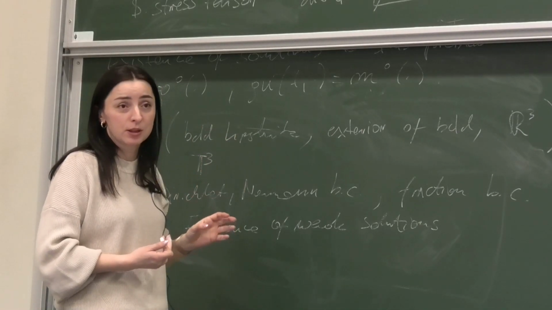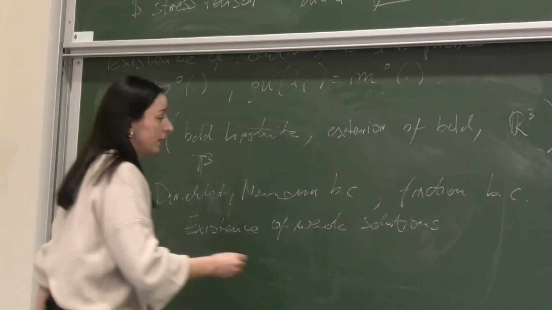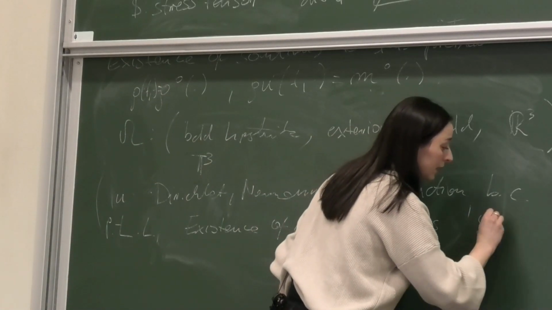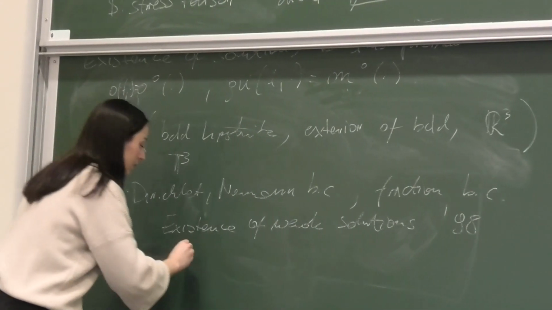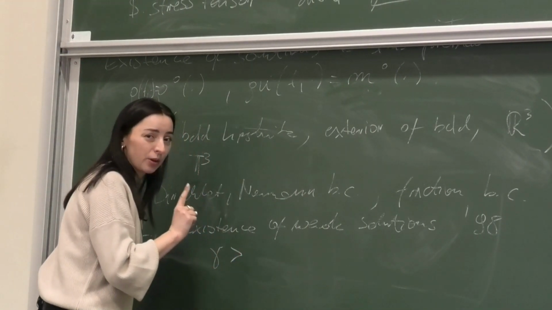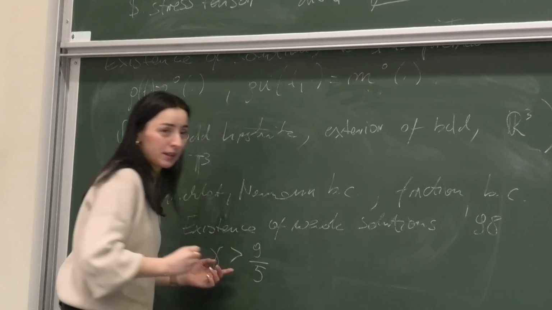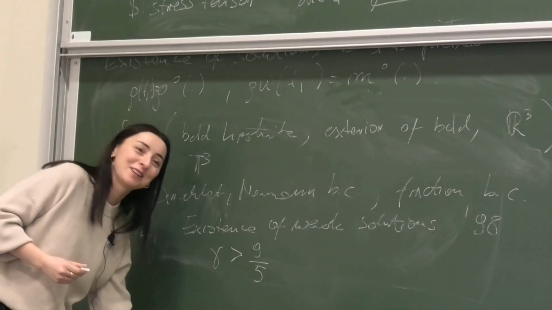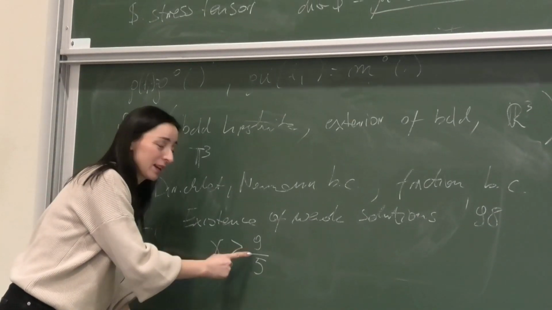He also wrote a chapter on the incompressible fluids, but the compressible one is something that I'm interested in, 98. What I wanted to highlight is that his theory works for exponent gamma larger, actually only larger, although he claims it's equal as well, 9/5. But there is some problem to cover the exact exponent.